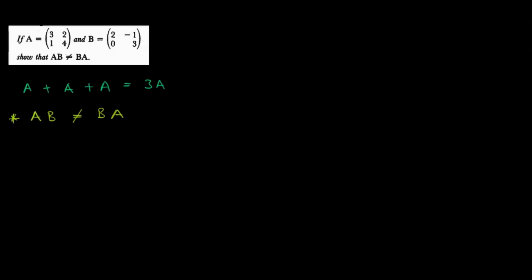Even though with numbers, if we say 2 times 3, we see that it is equal to 3 times 2, with matrices AB is not equal to BA. That's very important.